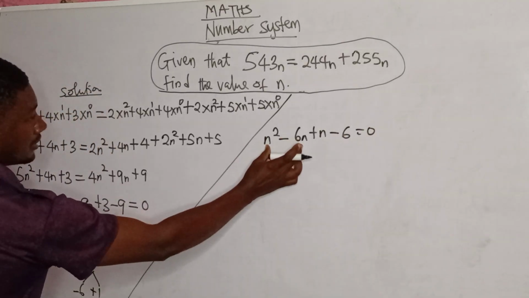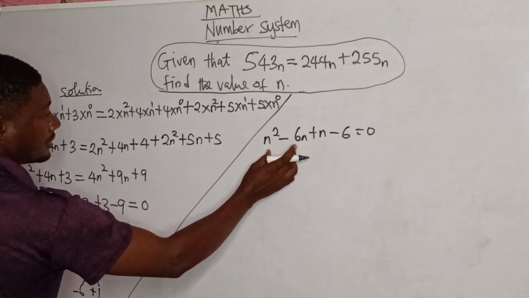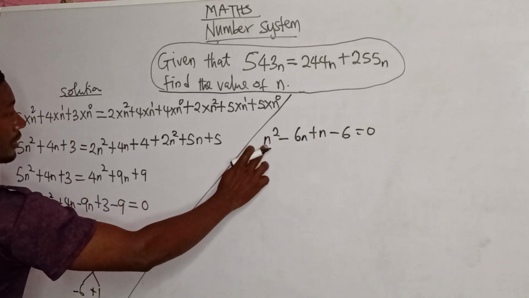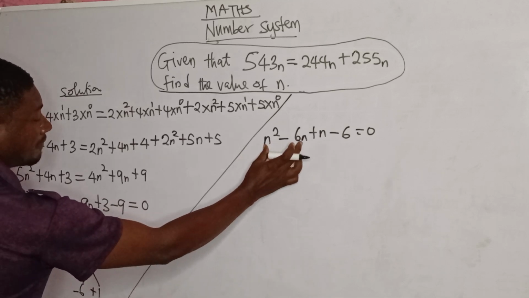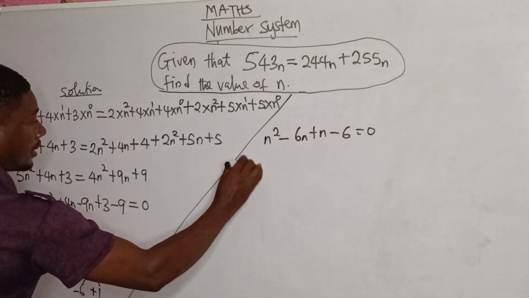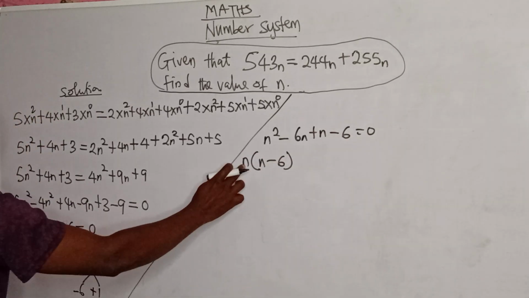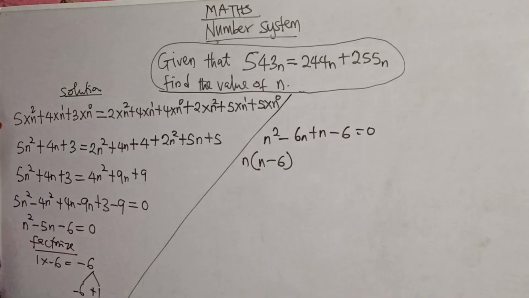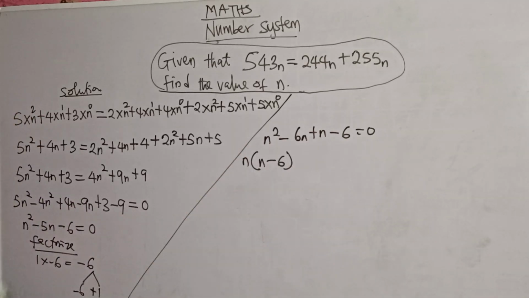So we factorize the first two and factorize the last two. For the first two, we check the common factor in between them, which is n. So we take the n out, n will remain here. This one will give us 6, because n times n gives us n square, and n times 6 gives us minus 6n.